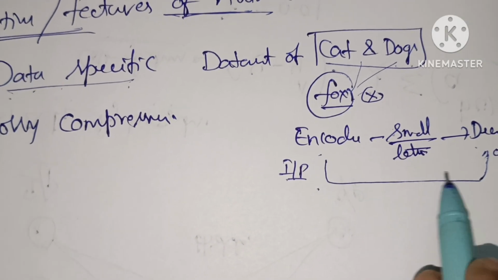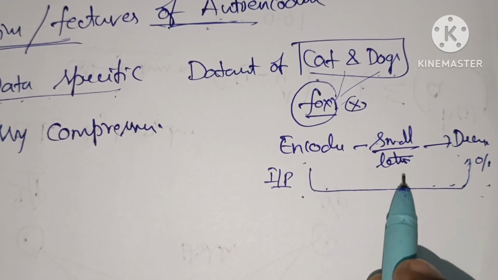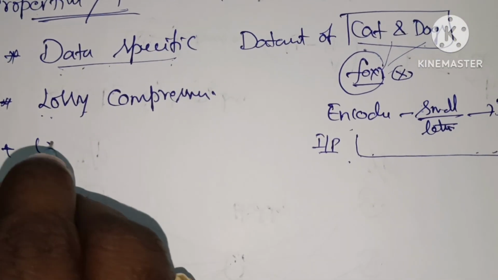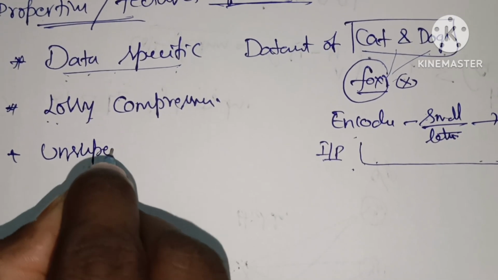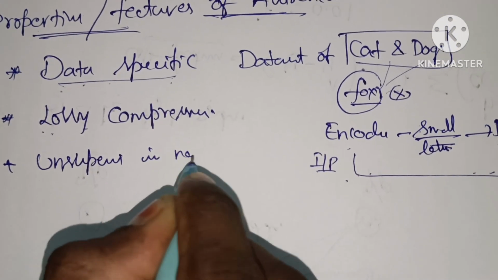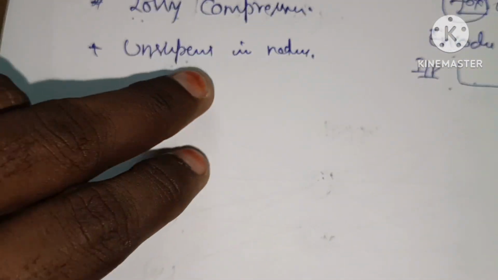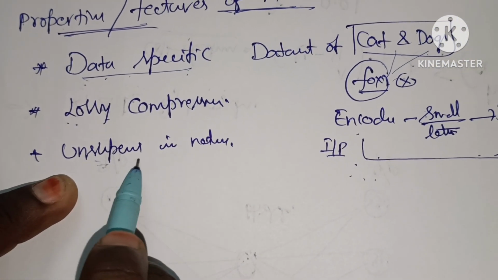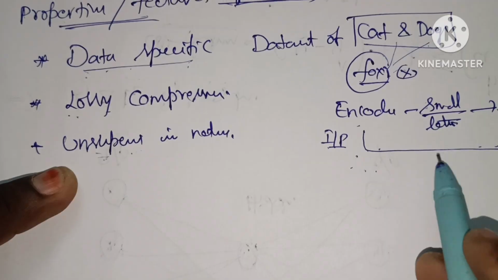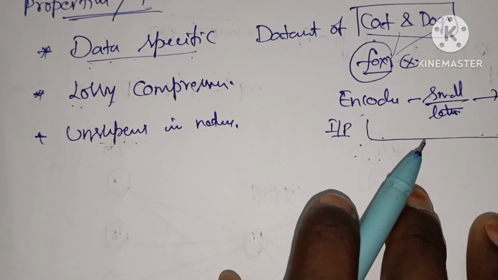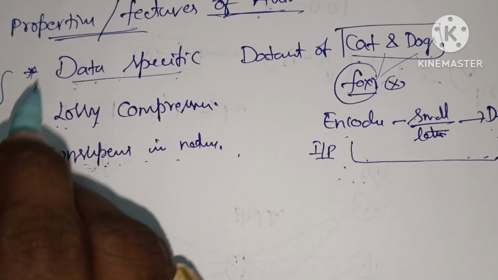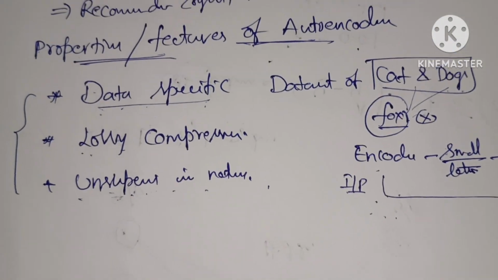In case any data is lost, that will be found by using lossy compression. Next one is unsupervised in nature. Unsupervised means unlabeled data. In case any data is unlabeled, we are not considering it. That's why this is unsupervised in nature. So these are the three main properties or features of autoencoders. So thank you.